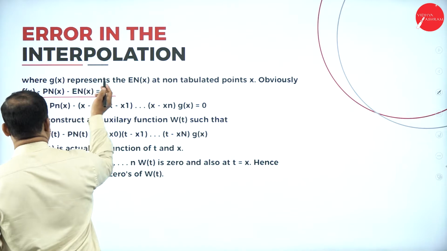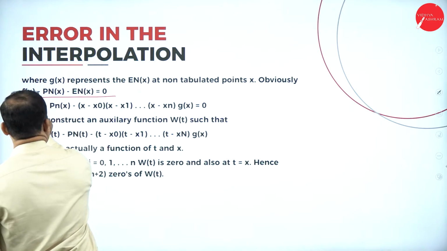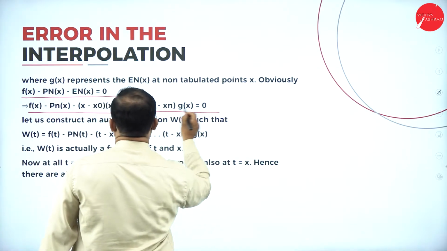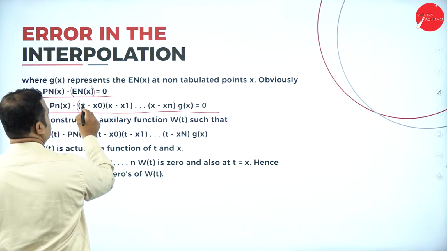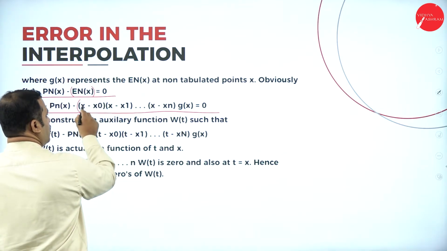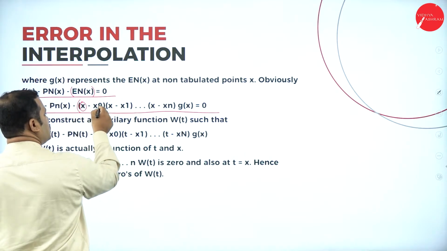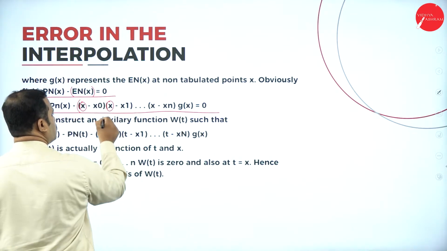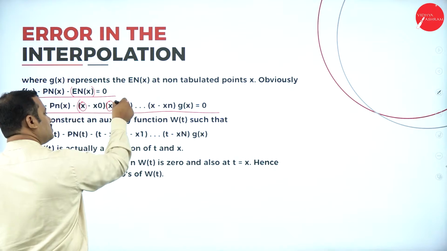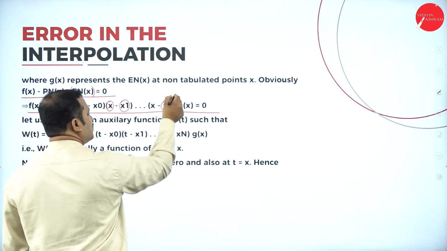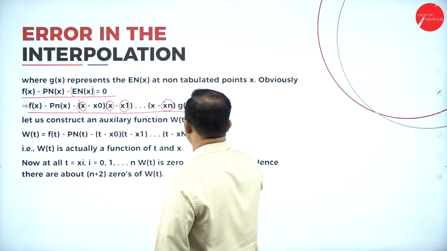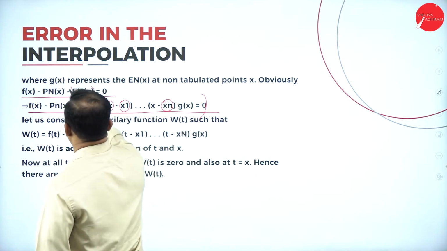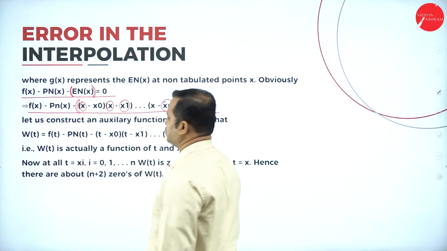That is, f of x minus Pn of x minus this error term, which is represented by x minus x0, where x is the original value, x0 is the 0th iteration, x1 the first iteration, and so on up to the nth iteration, then Gn of x equal to 0. So error is represented by this term.